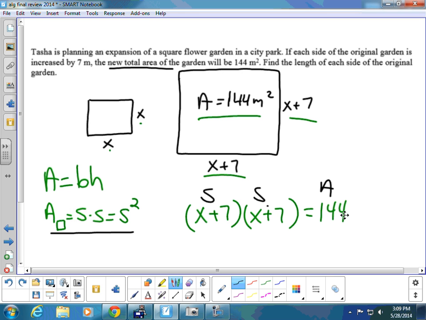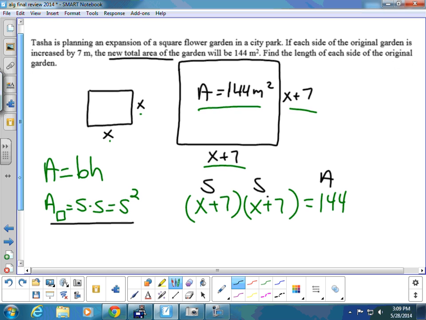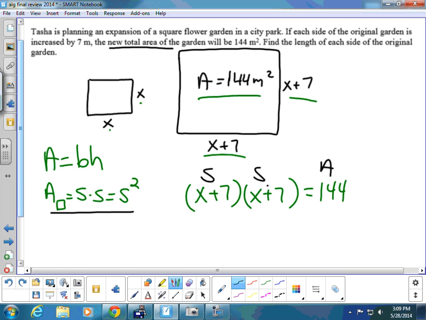Now there's a couple ways to solve this. You could FOIL this out, bring the 144 over, and factor it and solve it using the quadratic formula, or factor it and solve it using the shortcut method. Or we could realize that x plus 7 times x plus 7 is x plus 7 squared. Then you have to realize, how do you get yourself out of this problem?